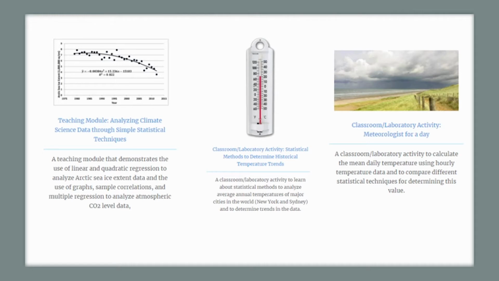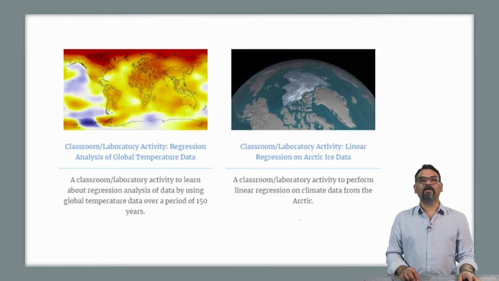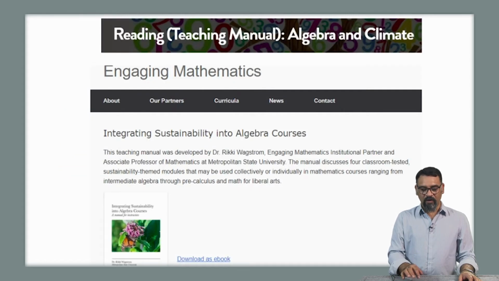A classroom lab activity to calculate mean daily temperatures of a particular location in the world. You can get this information for your part of the world and have your students use this classroom or lab activity and adapt it to their context. A classroom or a lab activity to actually perform regression analysis on global temperature data. Another classroom lab activity where you can do linear regression on Arctic sea ice, and so on and so forth.